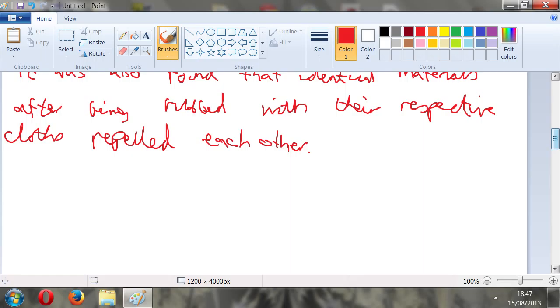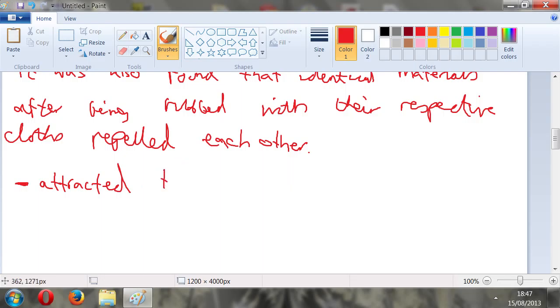And there were interesting properties. It was found that there'll be two cases of any material demonstrating such properties.